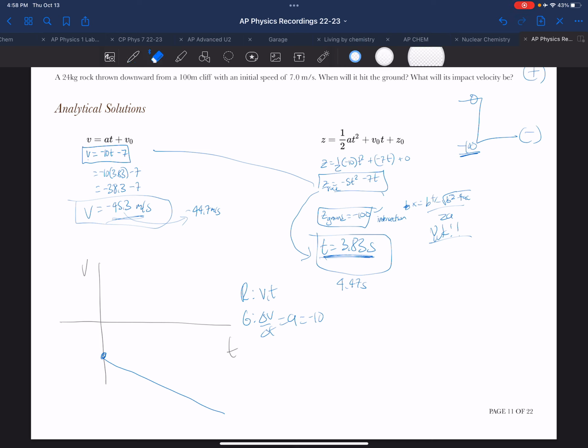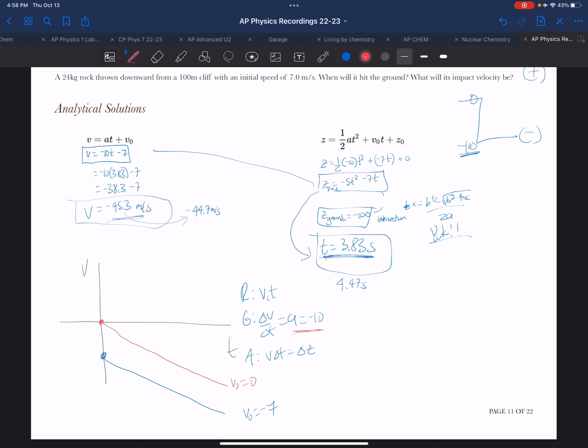And the area, V delta T, is the displacement, delta Z. So this was the curve for V0 equal to minus 7. If we were to graph the drop, it was here, like so. And this is for V0 equal to 0. Notice for both of them, the acceleration is minus 10, so the curves are parallel.